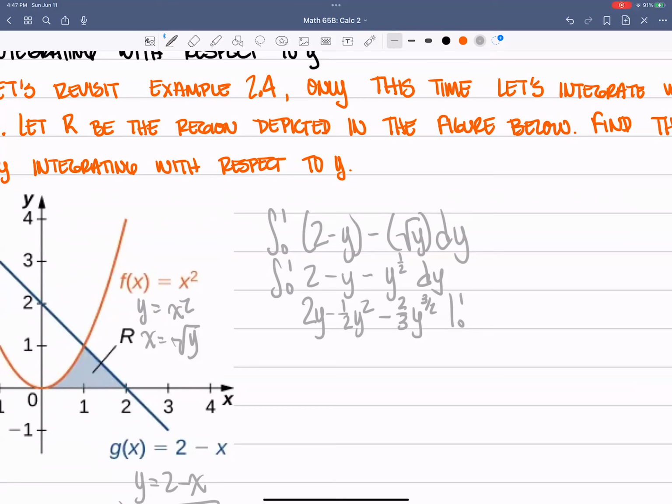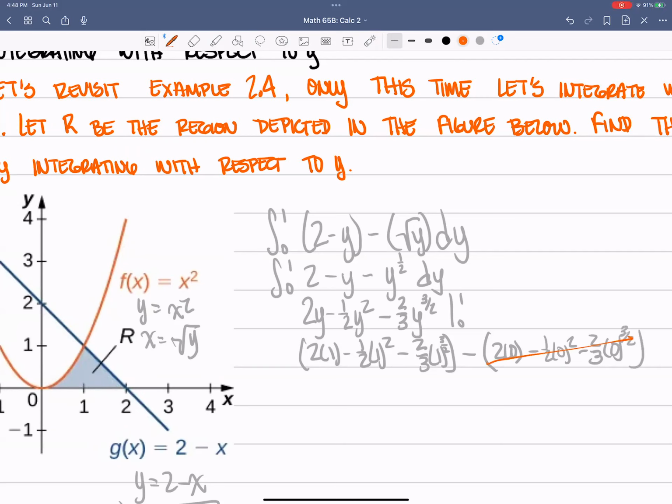Let's start off with evaluating at 1. 2 times 1 minus 1/2 times 1 squared minus 2 over 3 times 1 to the power of 3 over 2. We have all of that. We're subtracting evaluating it at 0. So 2 times 0 minus 1 over 2 times 0 squared minus 2 over 3 times 0 to the 3 over 2.